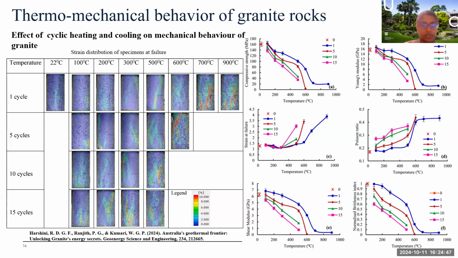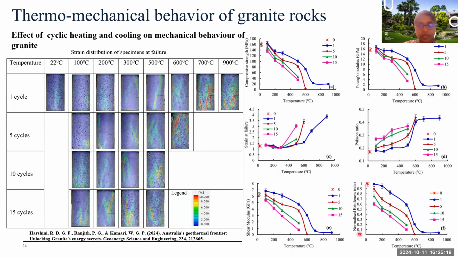So below 300 degrees, we observed the failure is predominantly shear dominated, exhibiting relatively simpler fracture planes. However, as temperature exceeds 300 degrees, the complexity of failure planes increased, especially beyond 500 degrees with multiple thermal cycles, and beyond 600 degrees, this mechanism was quite complex.